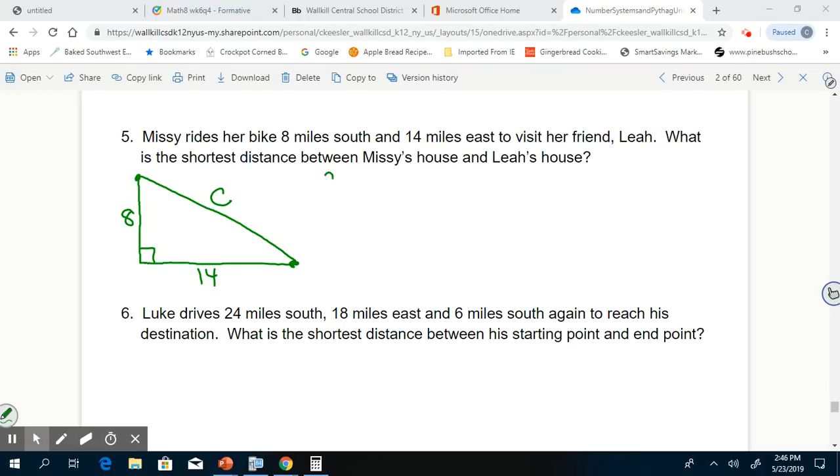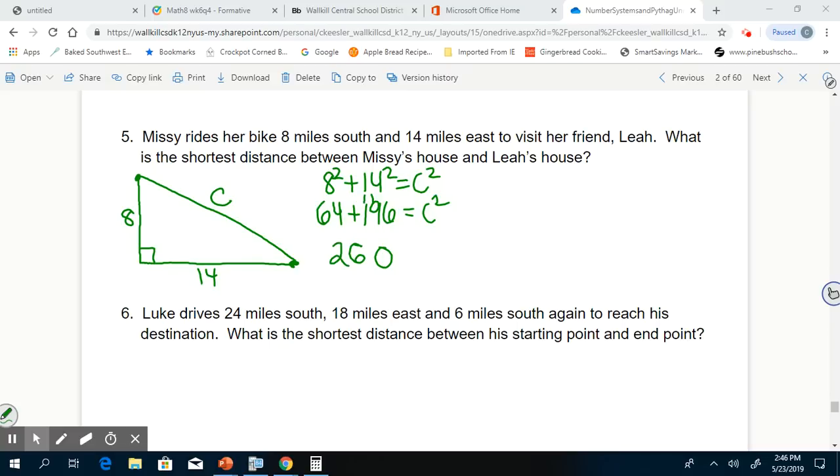So we have 8 squared plus 14 squared equals C squared. So 8 squared is 64. 14 squared is 196 equals C squared. Add those up, 6 and 4 make 10, carry the 1. 6 and 10, because it's 6 plus 9 plus 1, so 6 and 10 make 16, carry the 1.